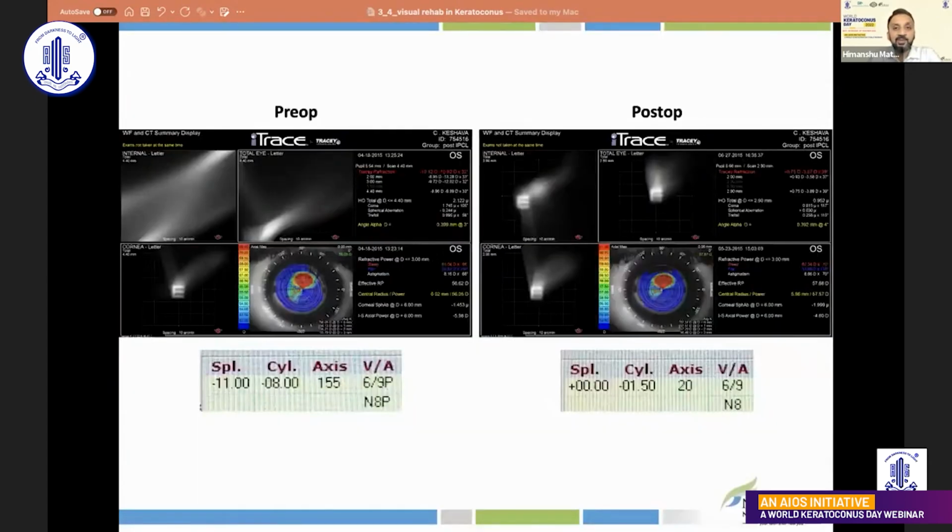Overall surgical treatment is very simple, and vision outcome is really nice. If you can see from here, from pre-op, significant amount of glass power to relatively quite low refractive error, and a quite significant improvement in overall quality of vision, this patient was really happy.